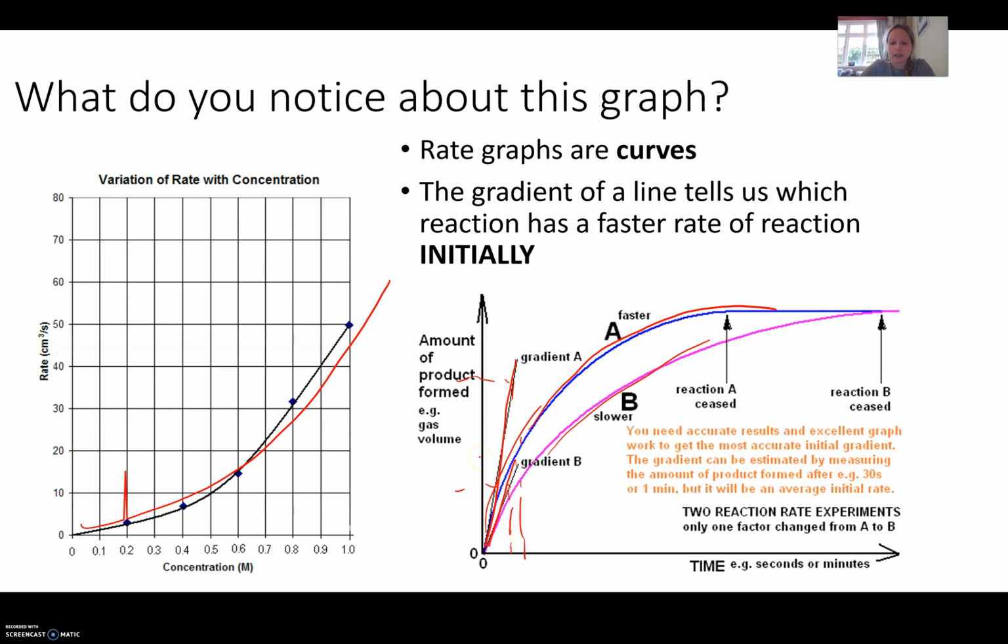You would end up finding out that the steeper line, which is gradient A, has a faster initial rate of reaction. I say initial rate of reaction because the rate is continuously changing. You can see it's slowing here, and then they end up at the same point, which is when the reaction is finished. So we can only ever say that reactions have a faster initial rate of reaction because they always end up at the same point.